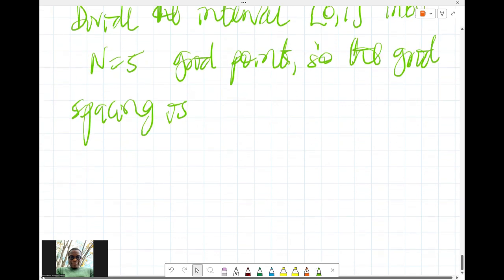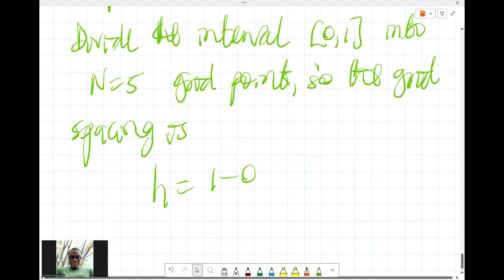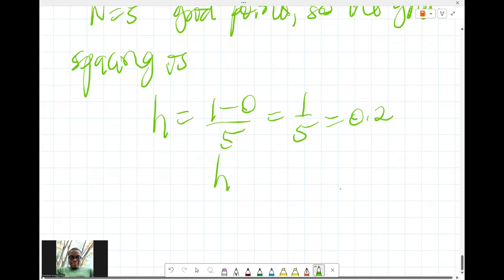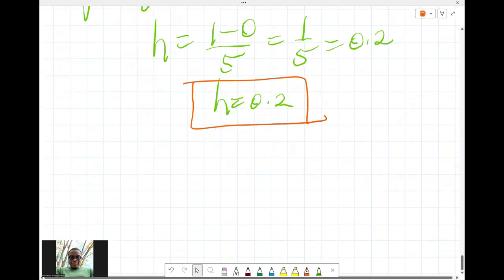So the grid spacing h is 1 minus 0 all over 5. So that is 1 over 5, and that is 0.2. So we see that h is equal to 0.2. Good for the question.